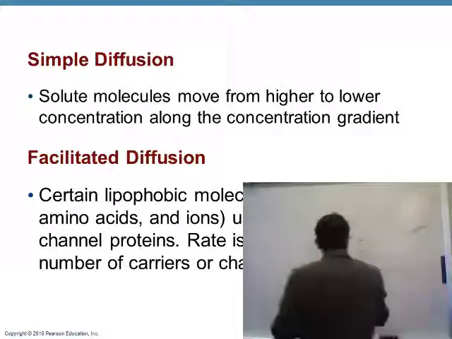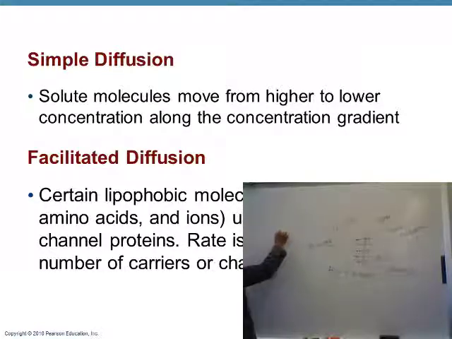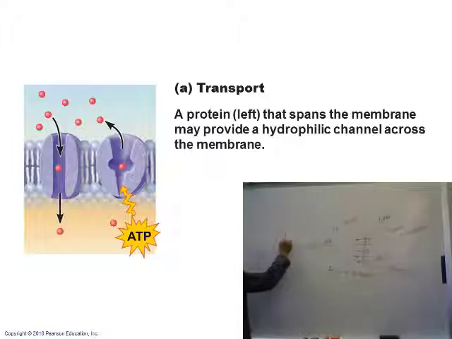Some integral proteins work as carriers. What happens? This is the integral protein. Inside the integral protein, you have a site, a seat for the molecules. So if this is a molecule that will get in, it will go in and sit here.